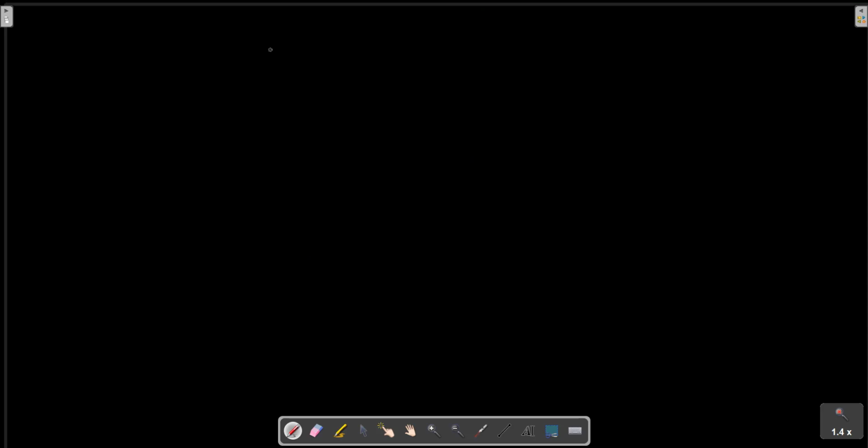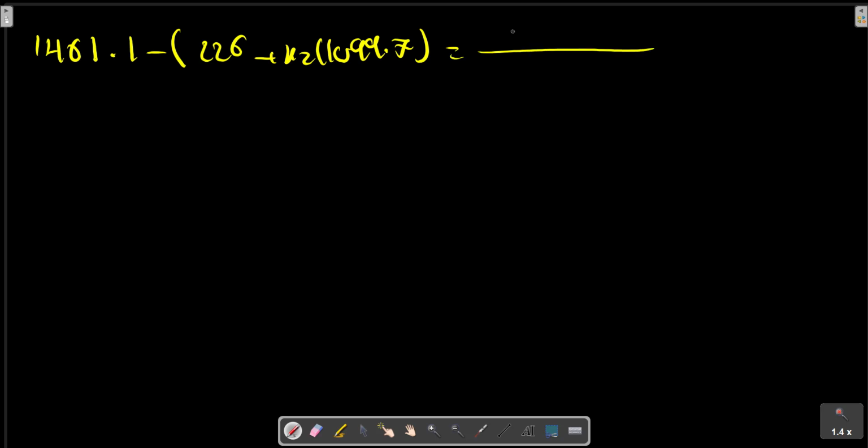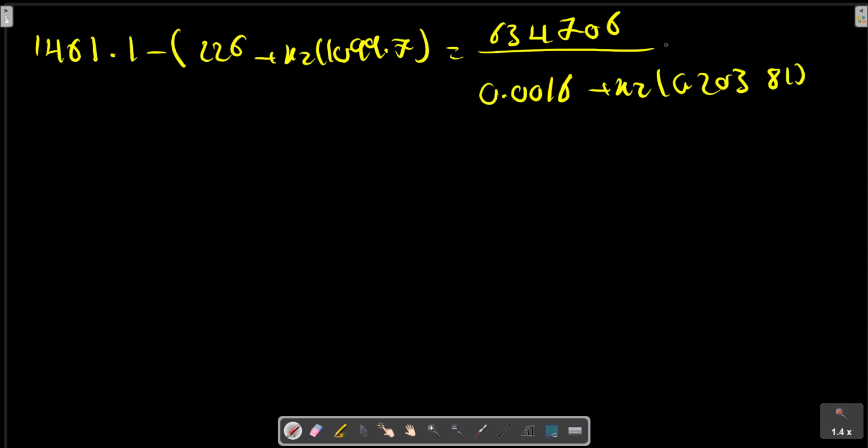Let me write the equation on m2. With simplification we can obtain an equation of x2.